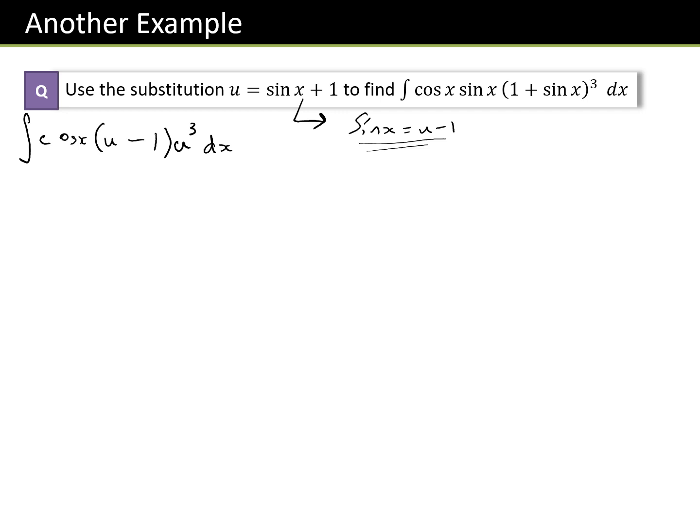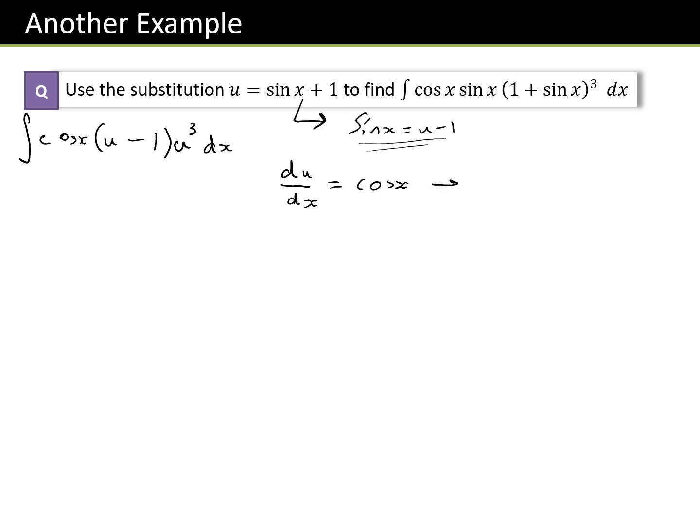Okay, let's look at the dx. To find the dx, we need to differentiate this, don't we? So du by dx equals, what is this differentiated? Well, sine x differentiated is cos x, plus 1 disappears.